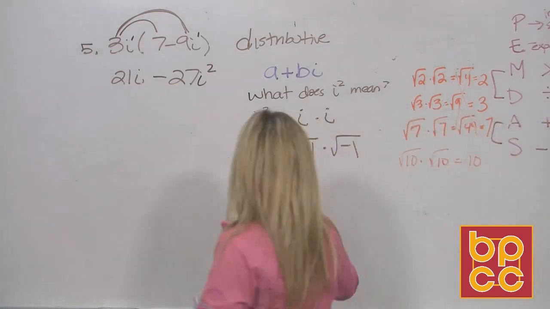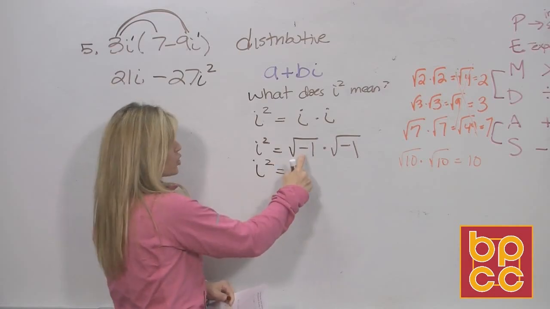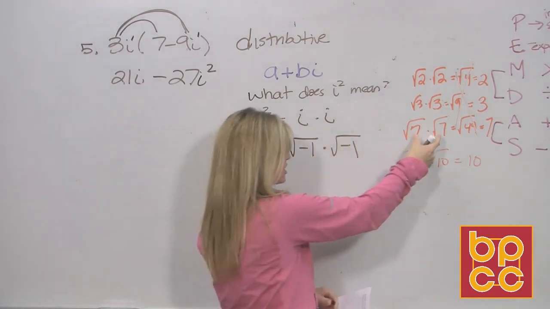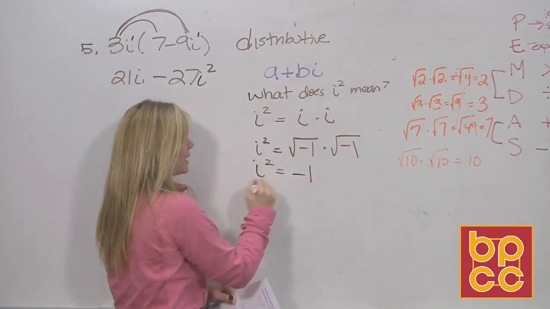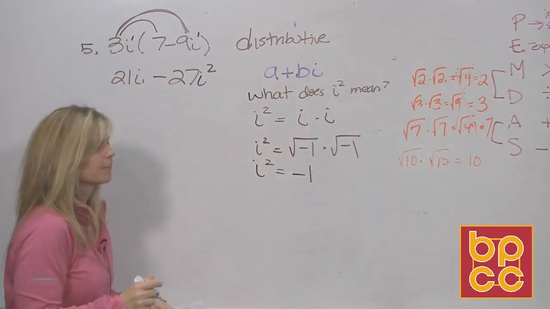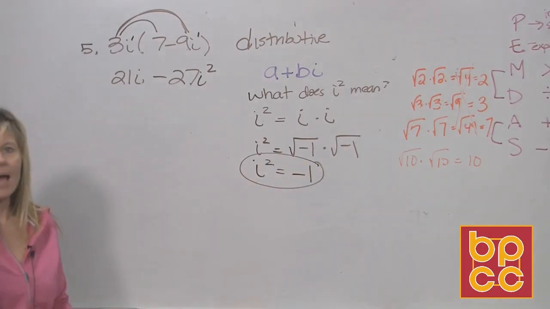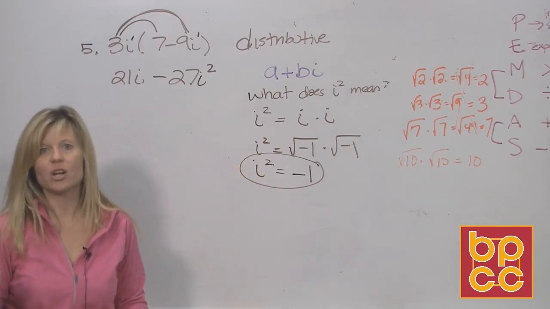So now go over here. We have i squared. Well, it's the square root of negative 1 times the square root of negative 1. Do you see that's the same number, just like these all are? So the answer is just going to be negative 1, the number inside. So everybody look at this closely, because you need to memorize that. i squared is not really imaginary.